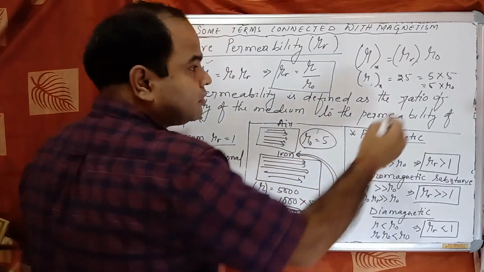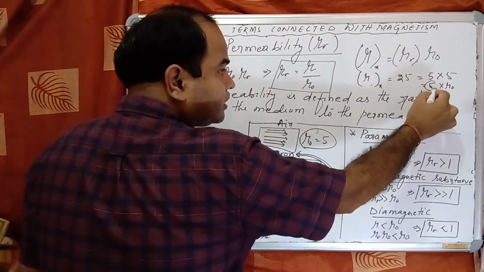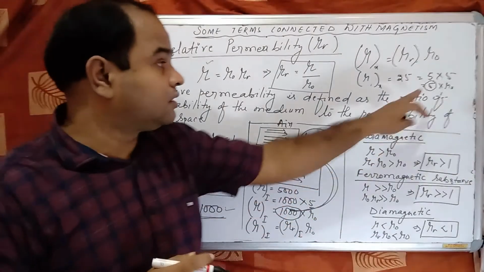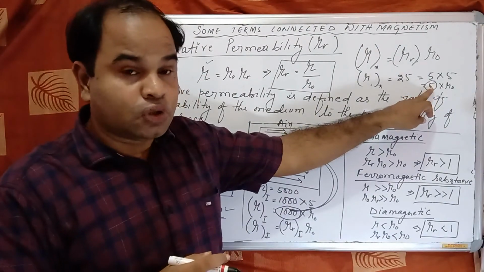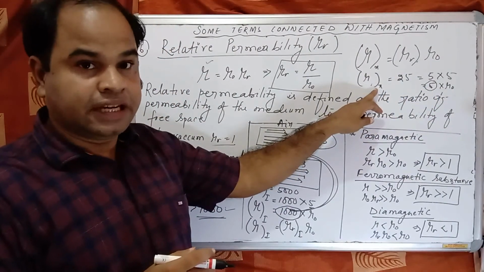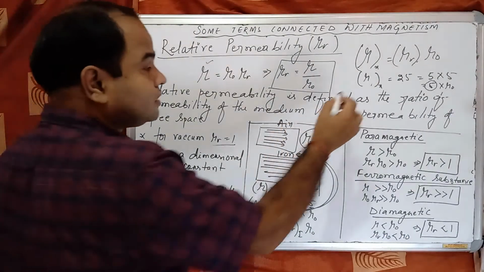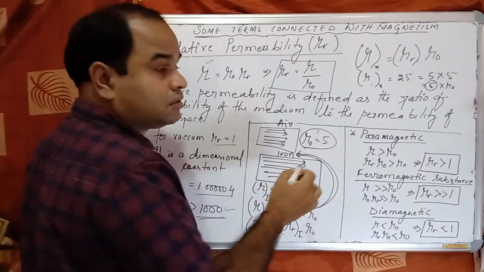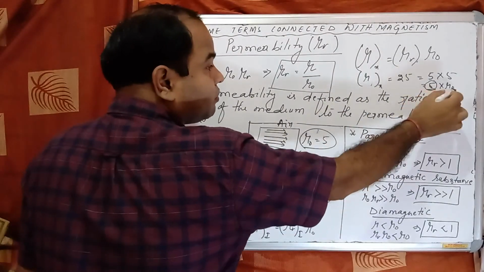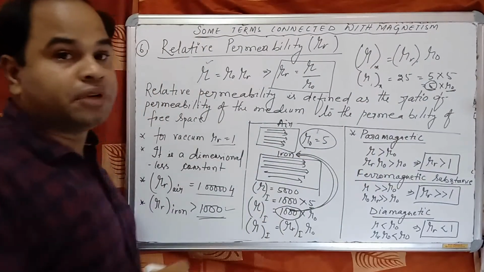We assign this number 5 to medium X, and we say that medium X allows 5 times the number of field lines allowed by air medium.